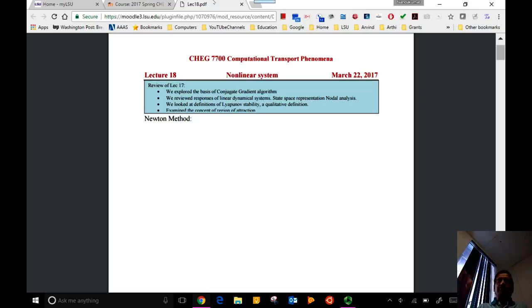And then we started reviewing linear dynamical systems. Last lecture, we talked about the concept of Lyapunov stability, which gives us a qualitative way to determine the stability of systems without having to solve them. We saw two methods. One is to linearize the equation, solve the problem and get the eigenvalues, which tell you whether the system is stable or not. The other is using a Lyapunov function, which is positive definite and whose gradient is negative definite.